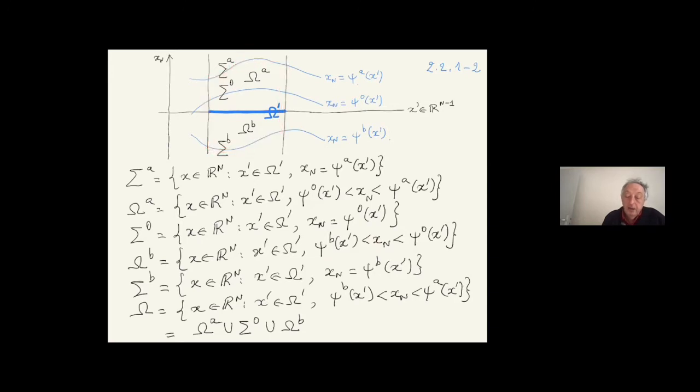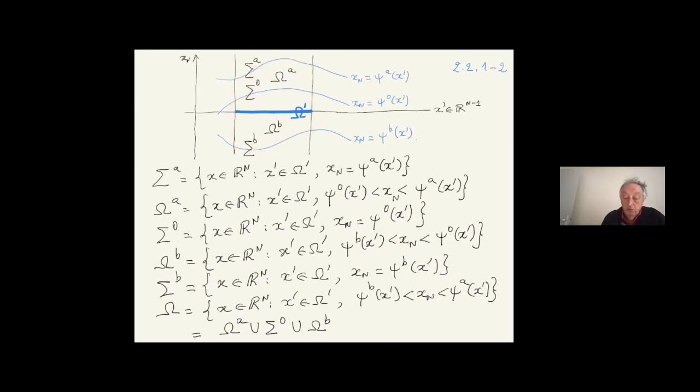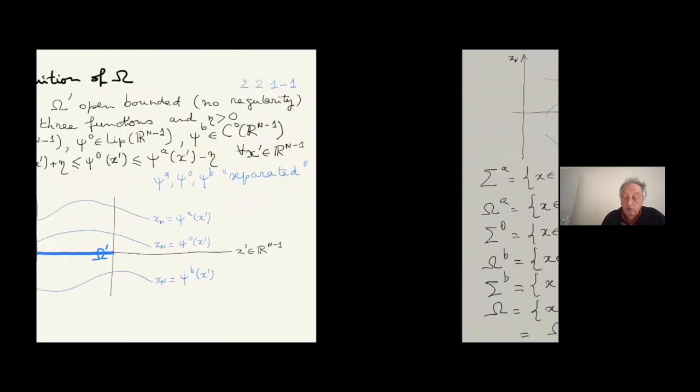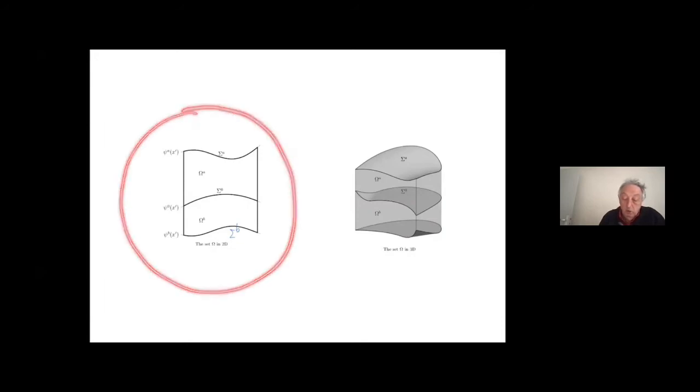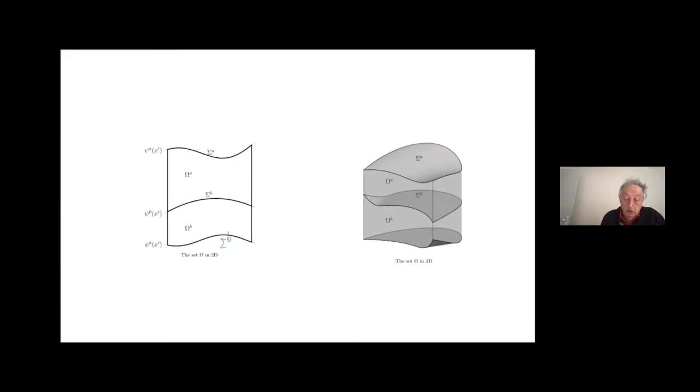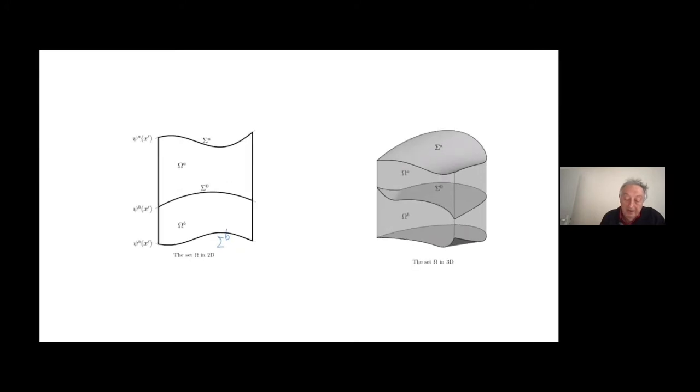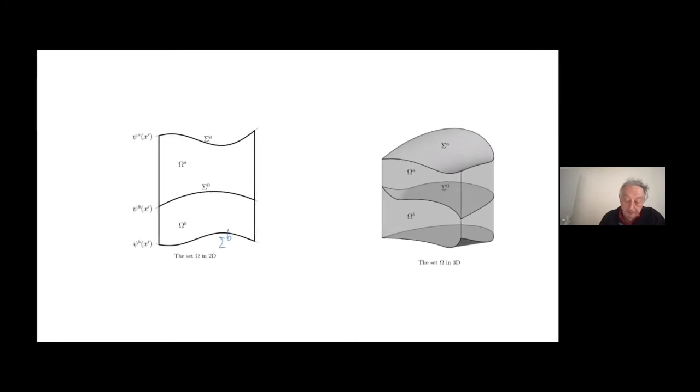Okay, let me go back to the picture which is here. In this picture, we see clearly omega in dimension 2. We see that omega is a cylinder. Omega A also is a cylinder. Omega B is a cylinder. Omega is all of that.